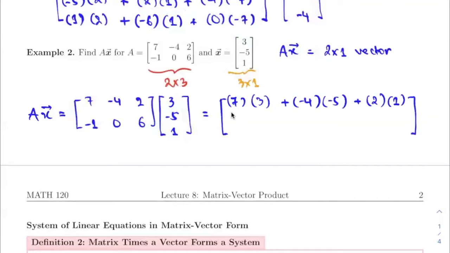For the second entry, you take the second row of the matrix and combine it with the column vector. You have -1 times 3 plus 0 times -5 plus 6 times 1. And the resulting vector should be 43, 3.